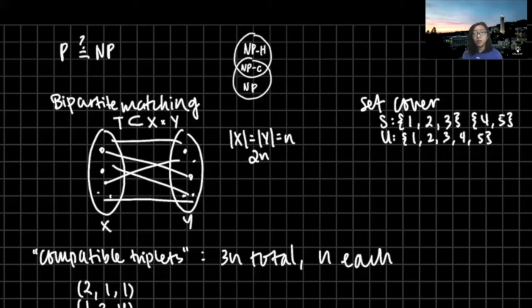As you've seen from your last chapter, we solved it with max flow, so bipartite matching is in polynomial time. But once we expand that to three-dimensional matching, very surprisingly perhaps, it becomes an NP problem.